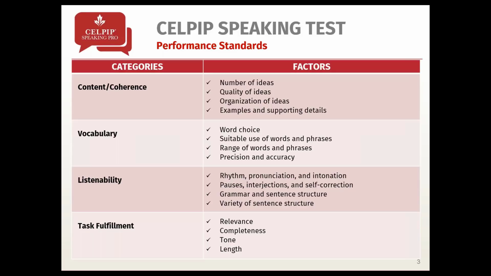So they are trained to assess you in these 4 categories that you see on the left in bold type. Now, in each of these categories, there are 3 or 4 factors or specific areas that the raters are focused on, and they're listening to see how you do in all of these areas. So I'm going to walk you through these 4 categories now.